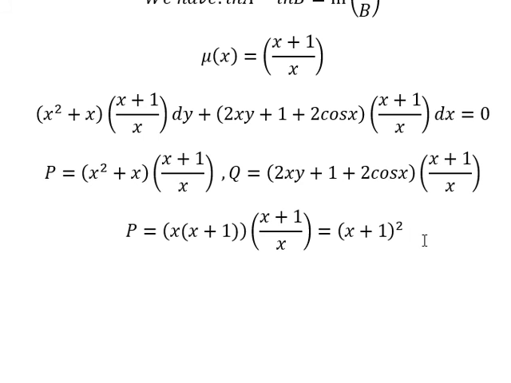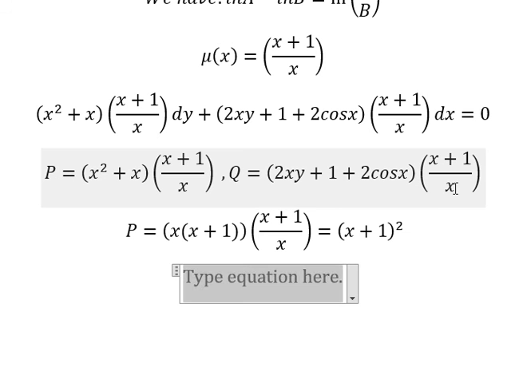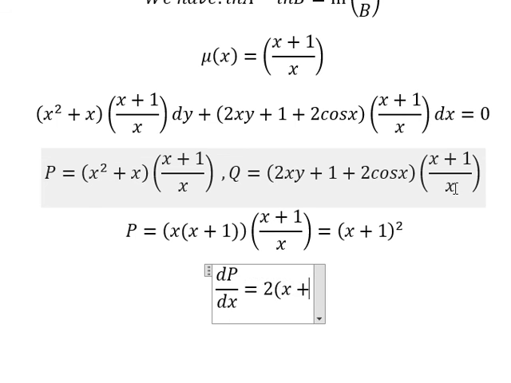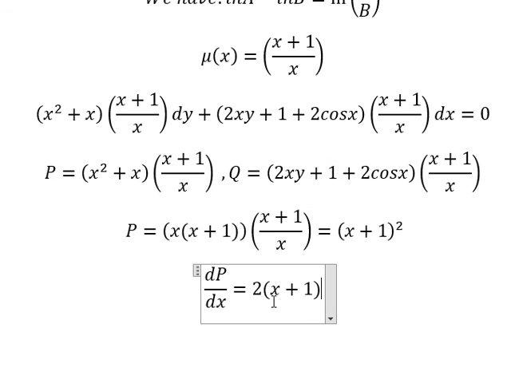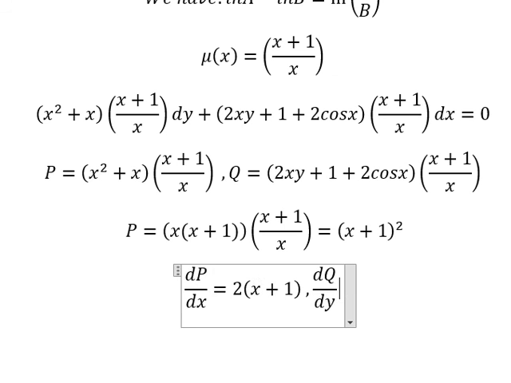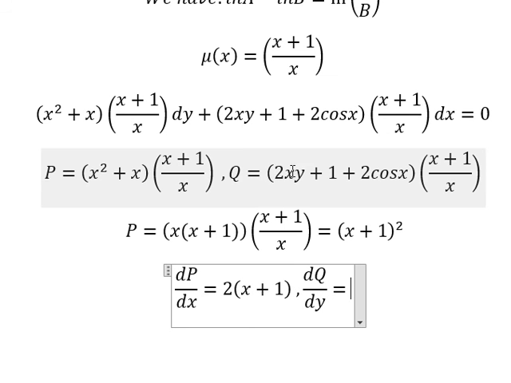Now we need to find first the derivative of the function with respect to s. So we have 2 multiplied by s plus 1. Now we do the second one. So we just have only y in here.